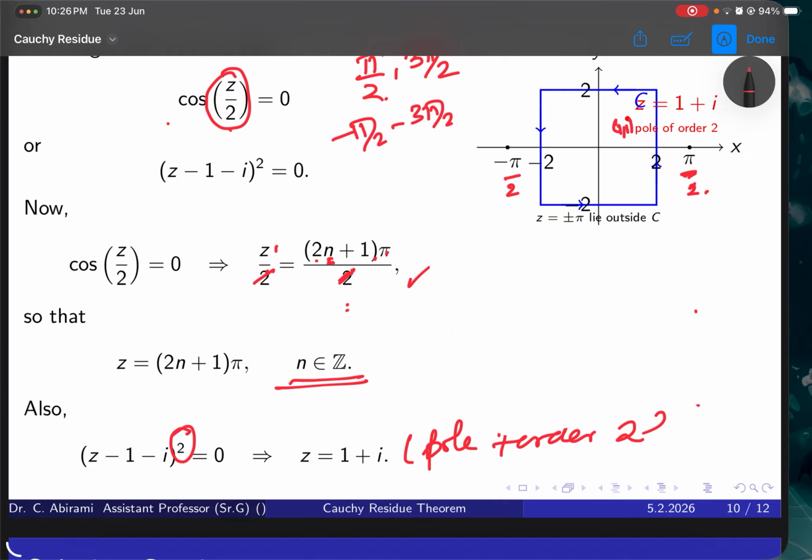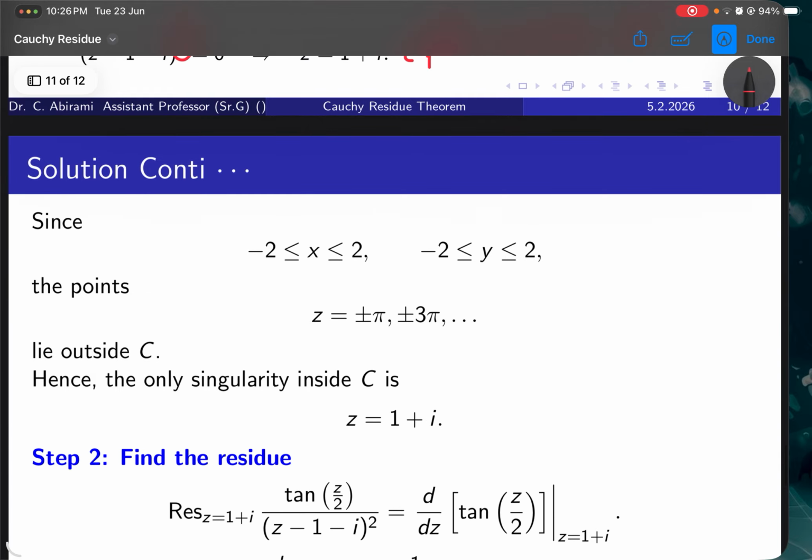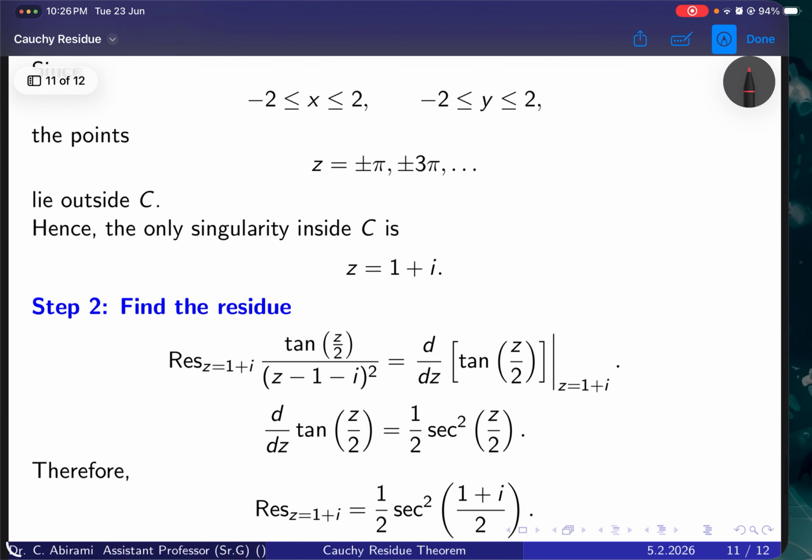So only one singular point lies inside. So z equal to plus or minus pi, plus or minus 3 pi and so on lie outside C. Hence the only singular point lying inside C is z equal to 1 plus i, a pole of order 2. So we can find the residue at this singular point.